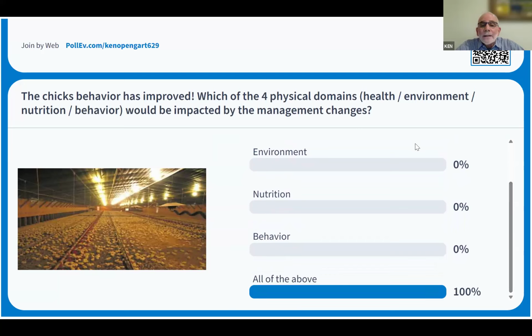By making that change in management, we've moved that continuum, that dynamic continuum of welfare, from the unfavorable over to the favorable by improving the heat that these birds have access to.